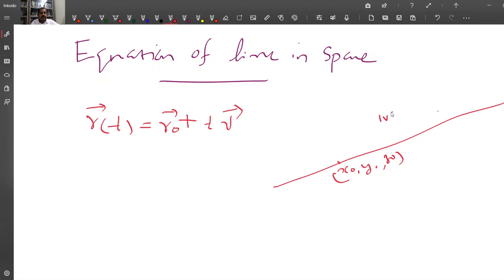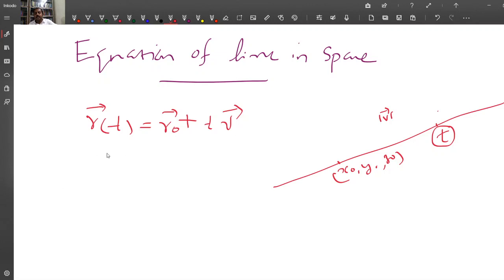What is the position of the particle, which is moving on this line, after a certain time t? So we can describe the linear equation of motion using this equation.